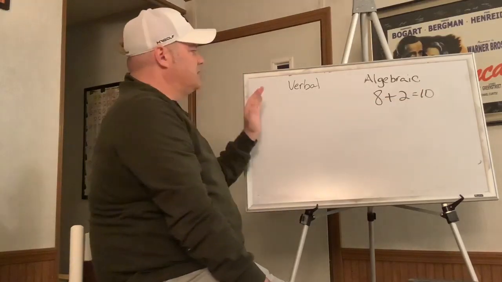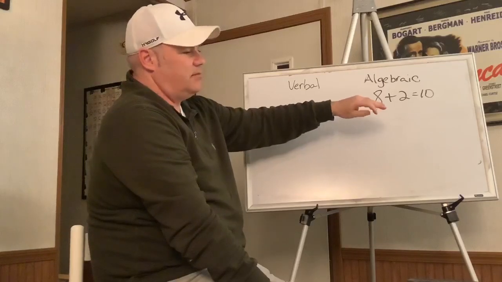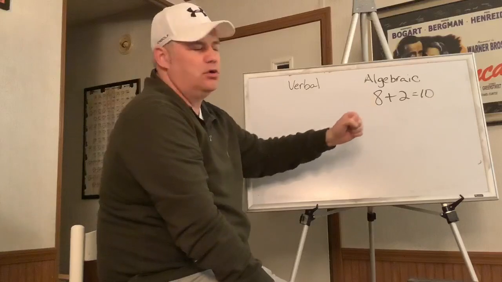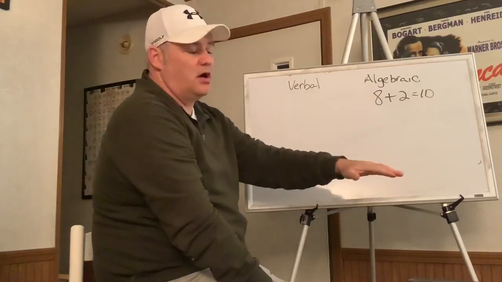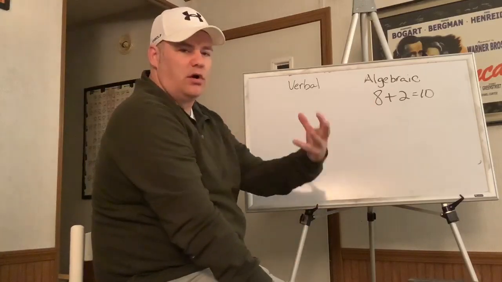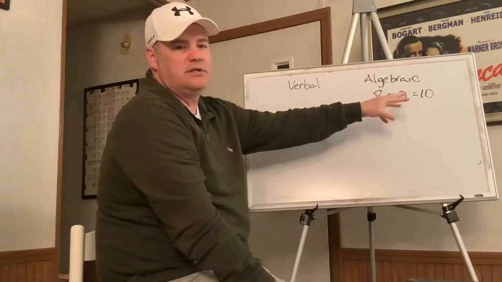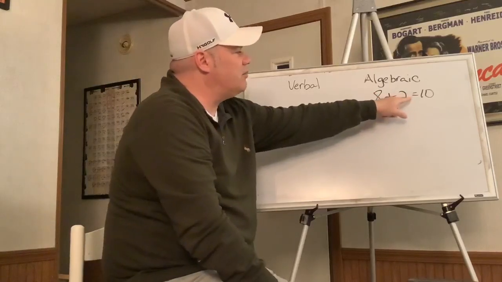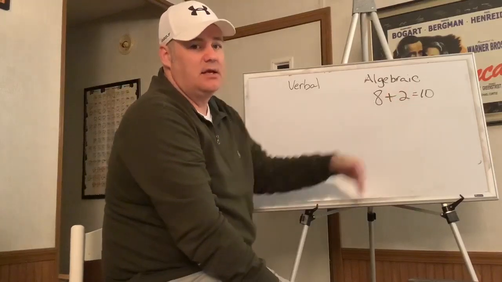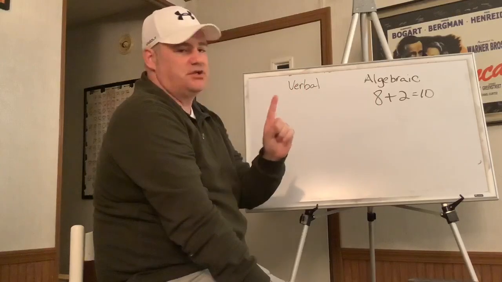Okay? But if I was going to verbalize that, let's say a kid came in and I said, hey, this means 8 plus 2, and with a small child you'd have to teach what plus means, but you could use words, 8 and 2, or the sum of 8 and 2. And over here I could say equals, or I could say is. 8 plus 2 is 10. So you're going to see that there's ways to verbalize these, and that it's not always just one way.